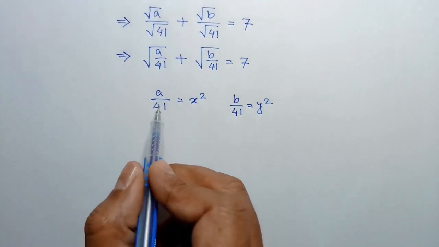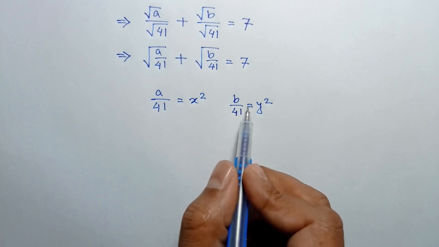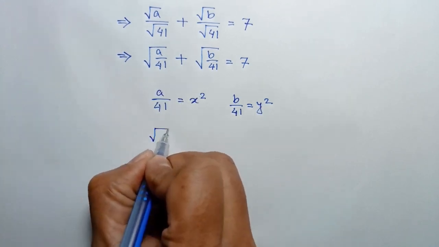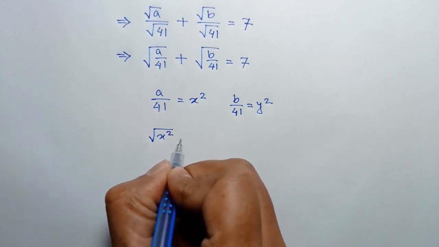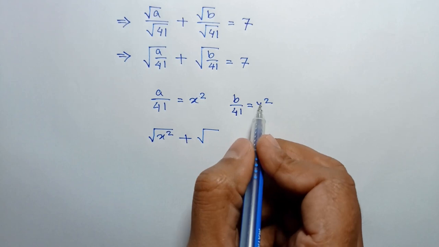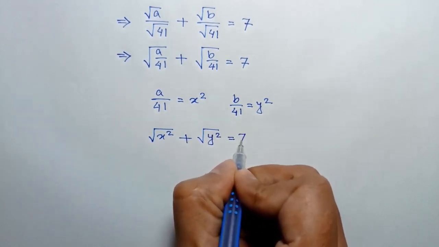Now substituting a over 41 is equal to x square and b over 41 is equal to y square, here we will have square root of x square plus square root of y square is equal to the right side, which is 7.